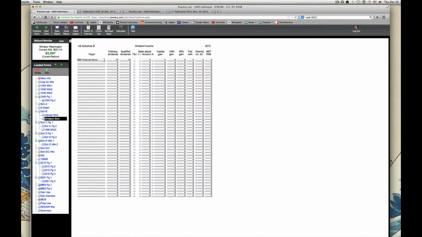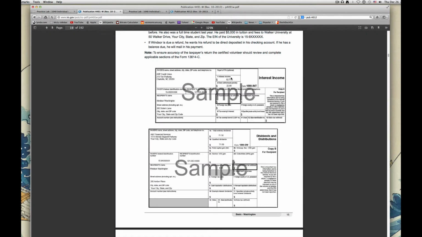Go to the dividend statement, ordinary dividends, qualified dividends, and that was it. He didn't have any federal withholdings or early distribution penalty. So there are those two for the interest income. For the dividend, he did have a non-dividend distribution, which wasn't factored into the answer.